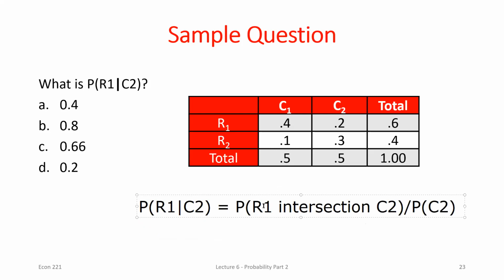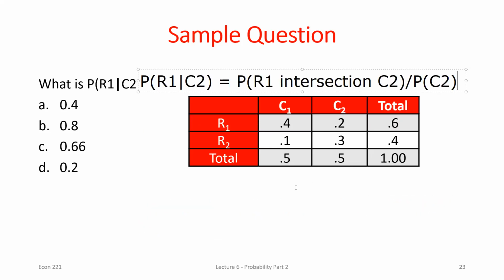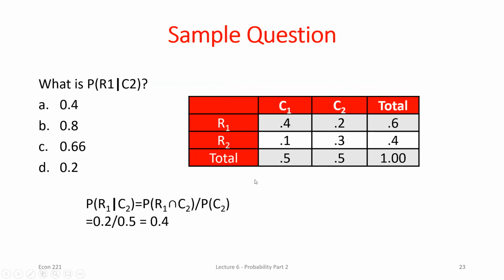So where is the probability of R1 and C2? The probability of R1 and C2 is 0.2. The probability of C2, go down to the total, is 0.5. I was just writing it out as I was saying it because I have it on the slide here.